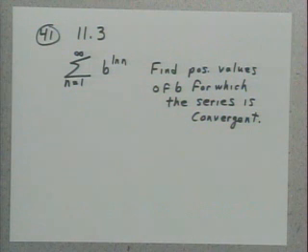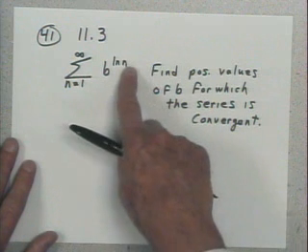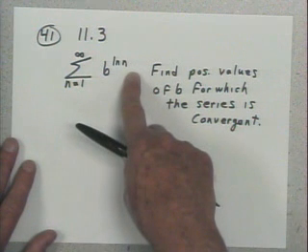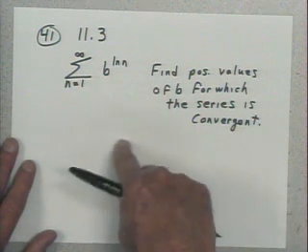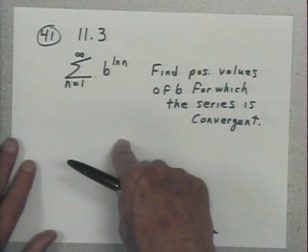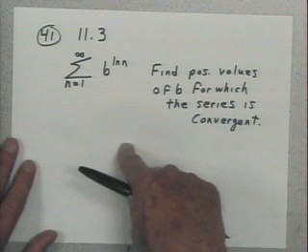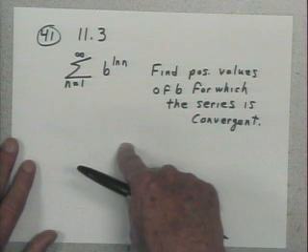Oh man. Well, when I see a power like that, it kind of reminds me of a geometric series, but that would be b to the nth. You know, if they said b to the nth, it'd really be easy. Because then b would have to be between minus 1 and 1, but if it's positive, it'd have to be between 0 and 1.